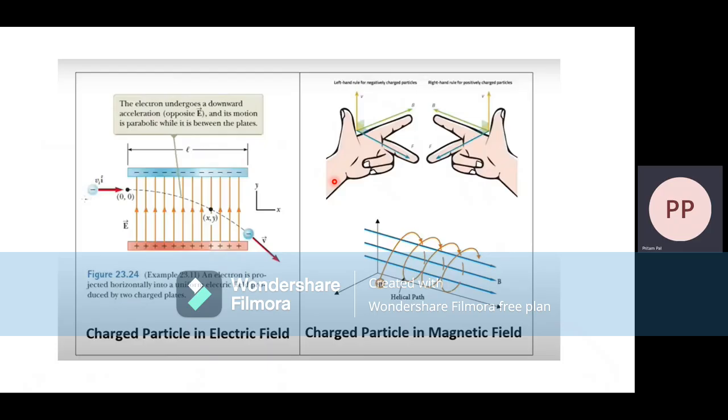Most people understand that negative and positive are attracted to each other, but this is because of this electric field here. But then with the magnetic field, which is what we have down here, we have these rules: the left hand rule with a negatively charged particle, and the right hand rule with a positively charged particle.